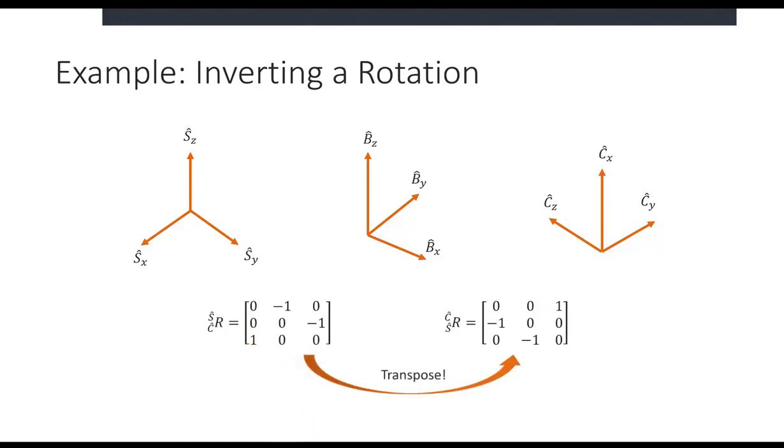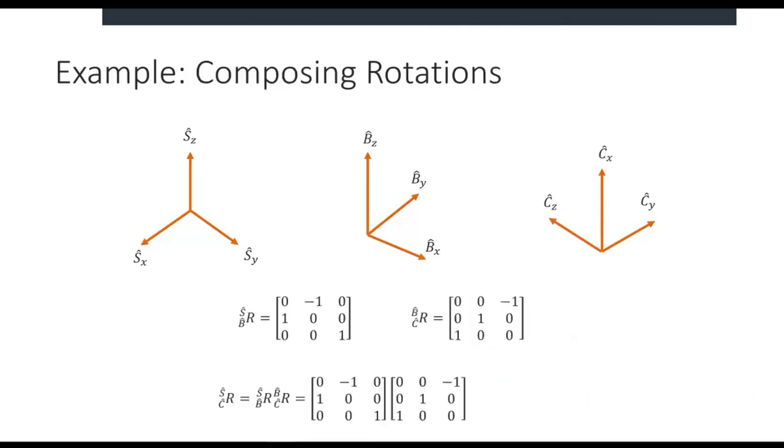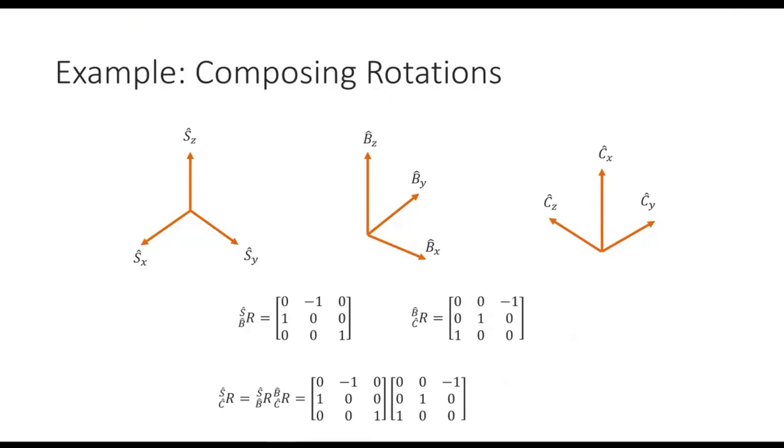Rows become columns, columns become rows. It's not just because it's a square matrix. There's a specific condition for particular orthonormal bases that lets you do this transpose inversion.